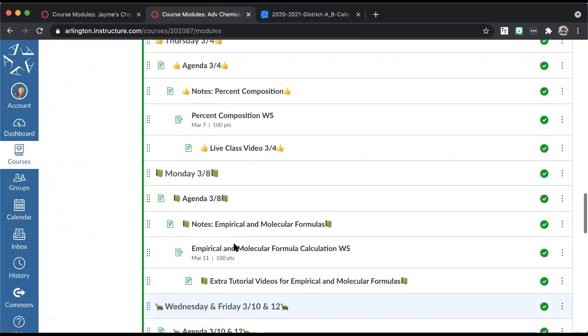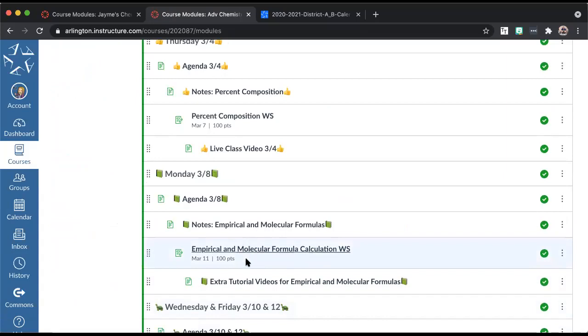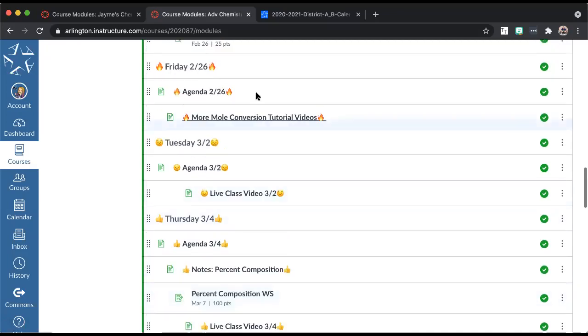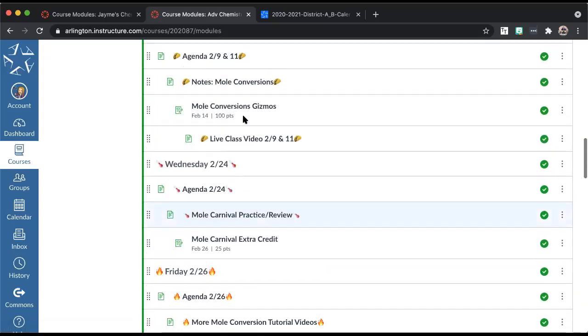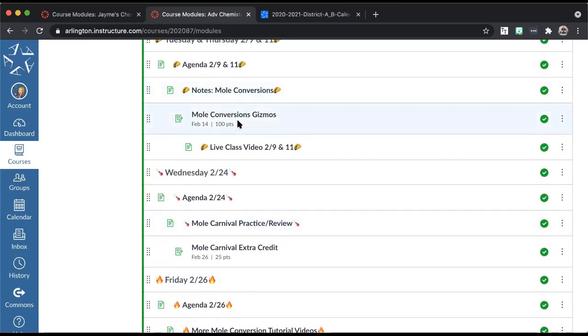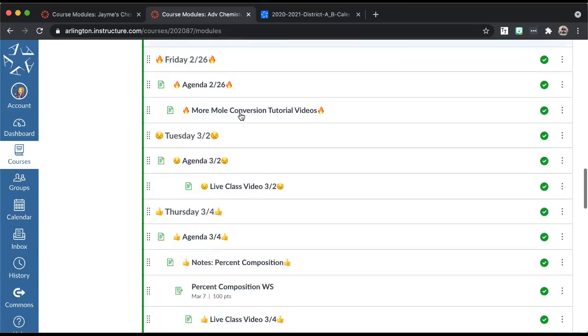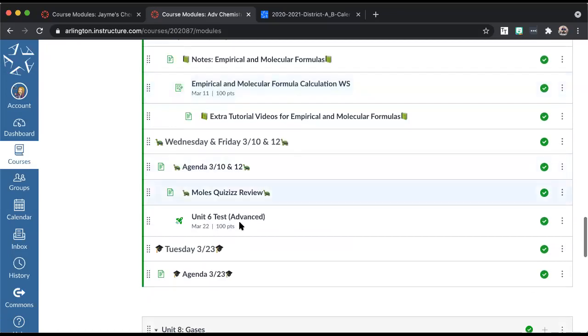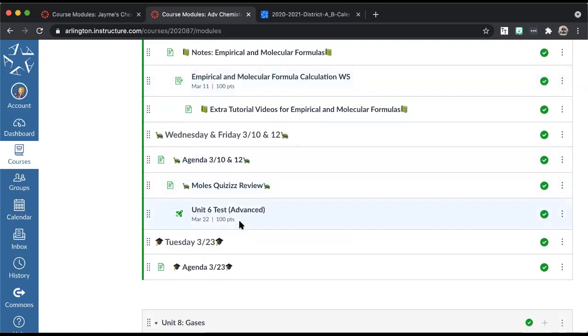And then the other grades that were counted for this 6 weeks were the empirical and molecular formula calculation worksheet, the percent composition worksheet, and the mole conversion gizmos. So there's 3 assignments and the test from last unit: mole conversion gizmo, percent composition worksheet, and empirical molecular formula calculation worksheet. And then the Unit 6 test, those 4 grades from the previous unit.